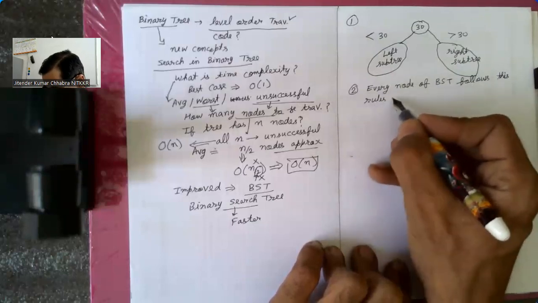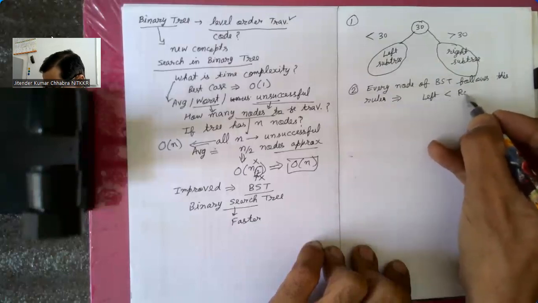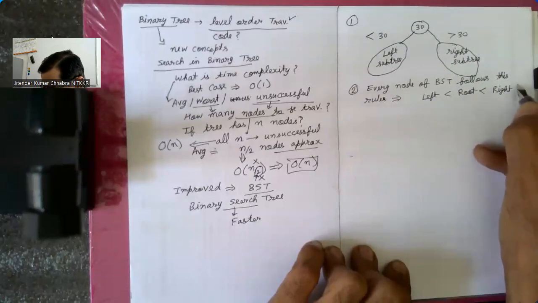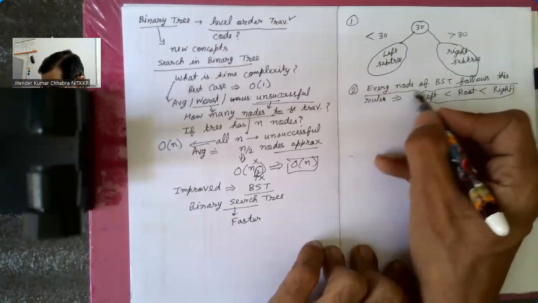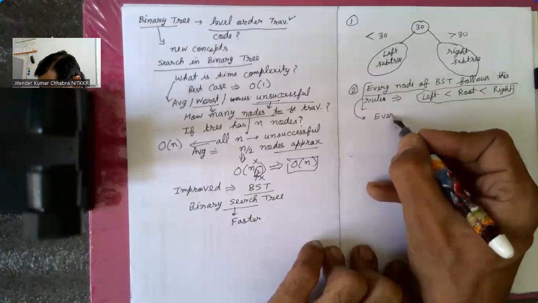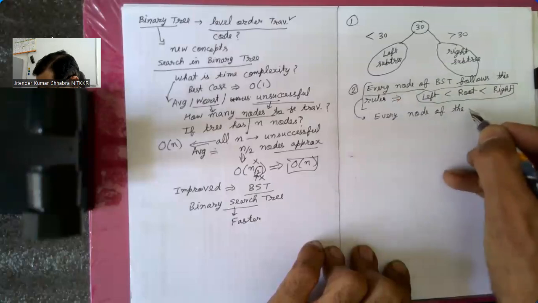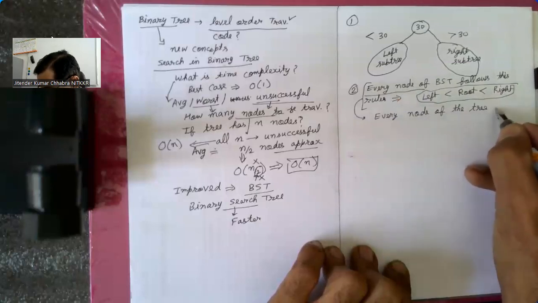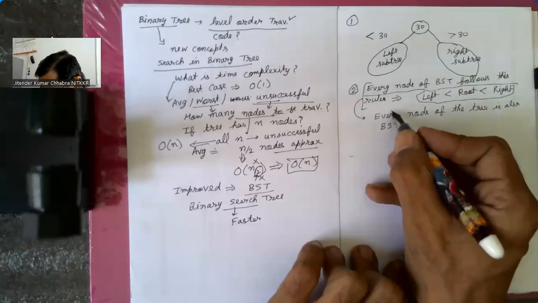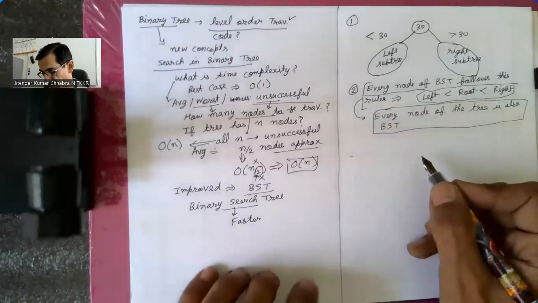Following this rule means the left side value is less than the root and the right side value is greater than the root. So this rule is applicable on every node. Indirectly, recursively, every node of the tree is also a BST. So when I say BST, this rule is applicable on the values as well as every node.